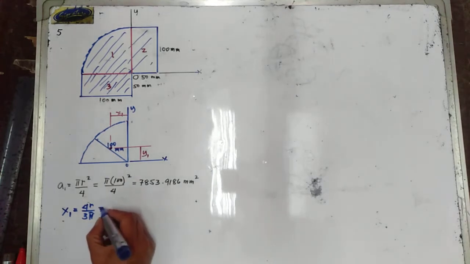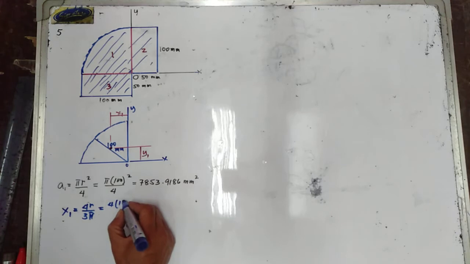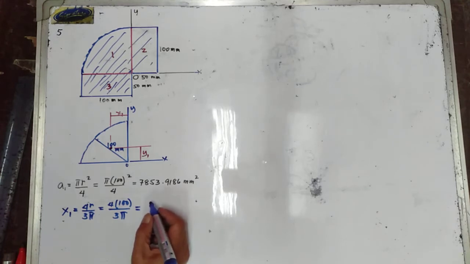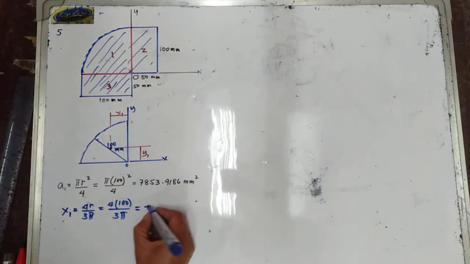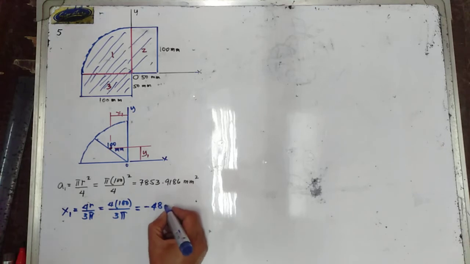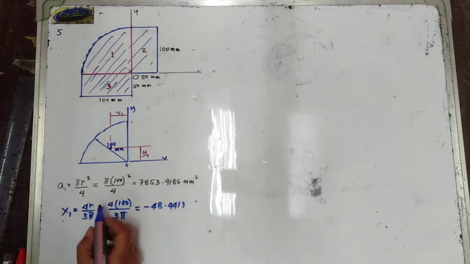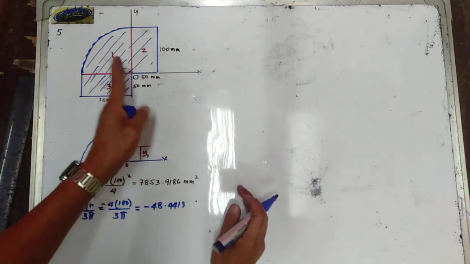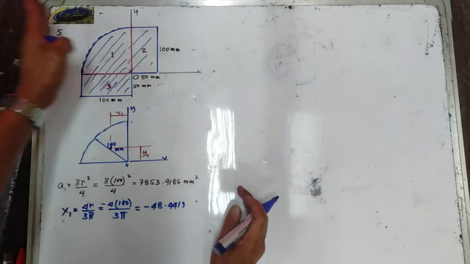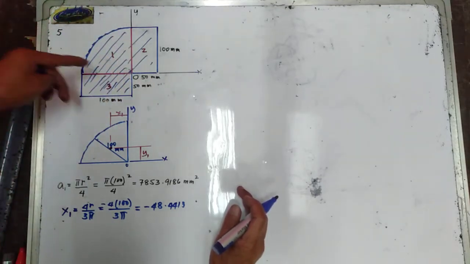So this is 4r, 100, all over 3 pi. And this is equal to negative 48.4413. So that is minus 4r over 3 pi because this area 1 is to the left of the origin.